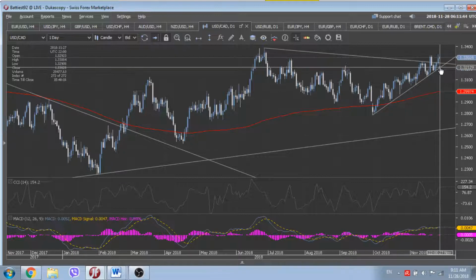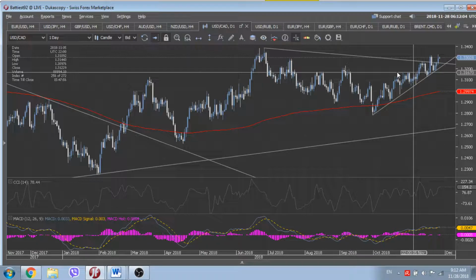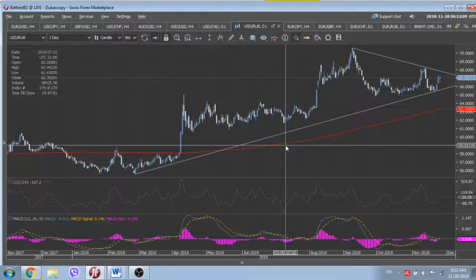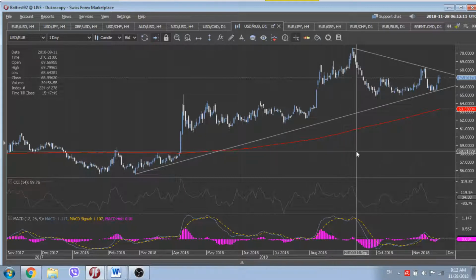We could see the same kind of trend in the dollar Canada: the weakness of the Canadian dollar and also the weakness of the prices for Brent crude oil in the world financial markets.